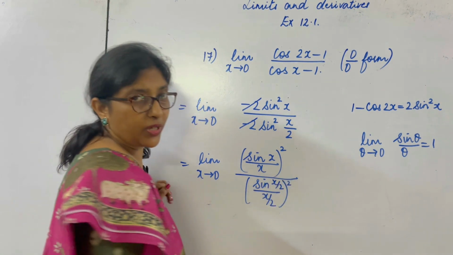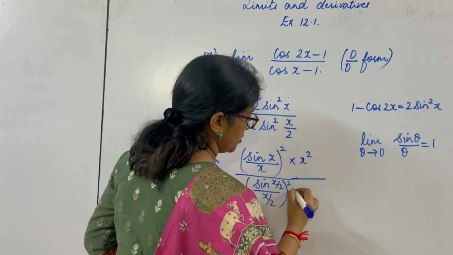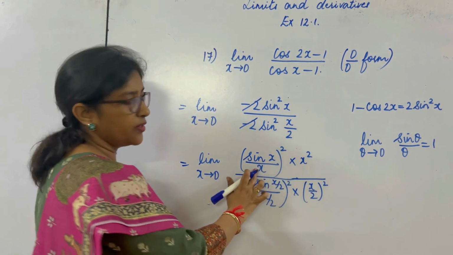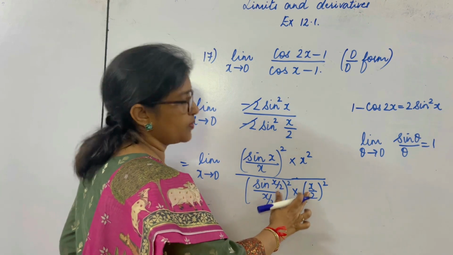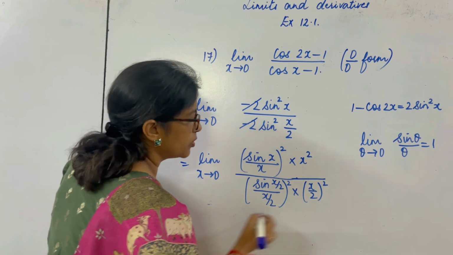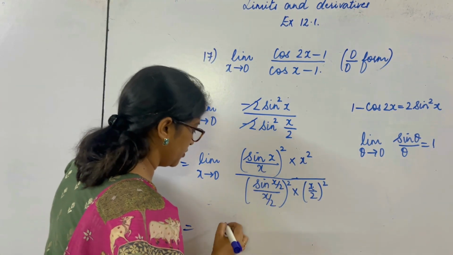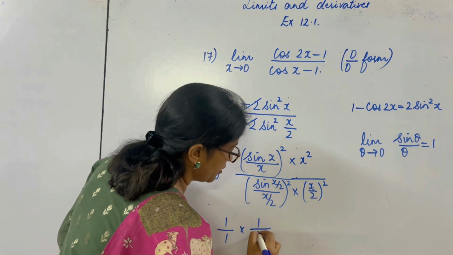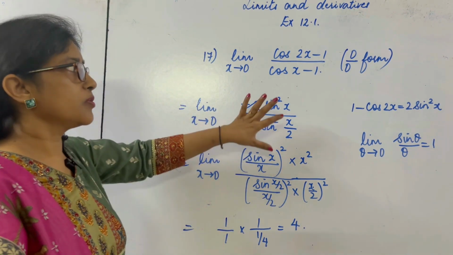So, we cannot simply write upon x here, you have to also multiply with the same term, x by 2 square. Since we have multiplied, divided with x square, I am multiplying with x square. Same here, x by 2, x by 2. So, yes, this is 1, this is also 1. What else? X square can get cancelled. So, I will put 1 value for this, x square is cancelled, 1 upon 1 by 4, 2 square, okay. So, that is 4.